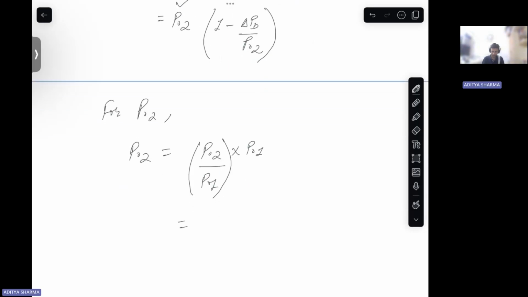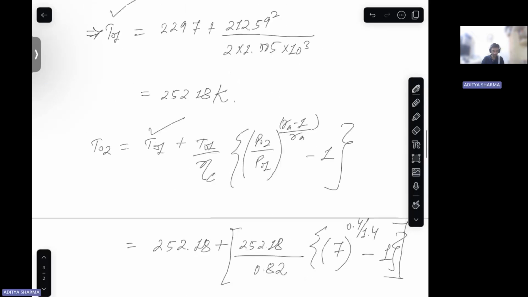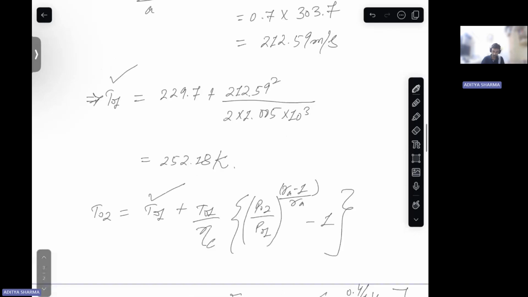This is 7. Okay. P01, have we calculated P01? We have not calculated P01 yet. We will calculate P01 also.